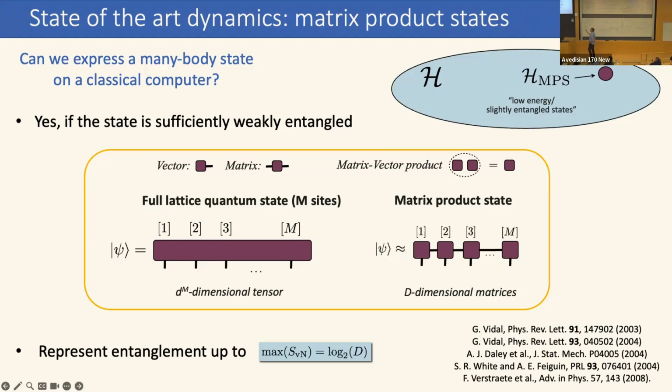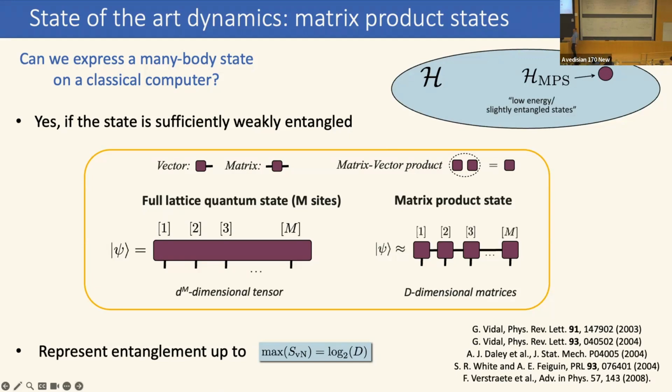So if I tell you what the von Neumann entropy is, the minimum size of the matrix that I will need is the exponential of that. If my von Neumann entropy grows linearly in time, then I need an exponential growth of the bond dimension in time to represent that.